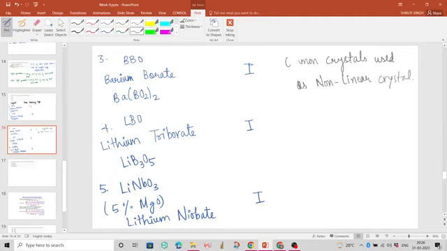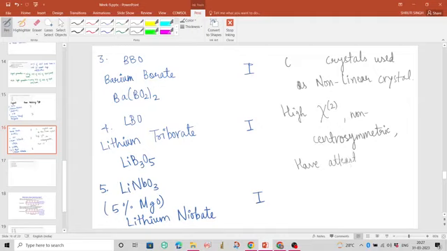Because we have seen that not all crystals can give nonlinear optics. The crystal should have a high chi-2 susceptibility, that is a high second order susceptibility, and should be non-centrosymmetric, should have at least one optical axis.